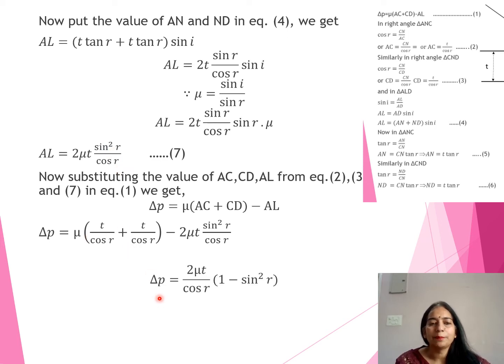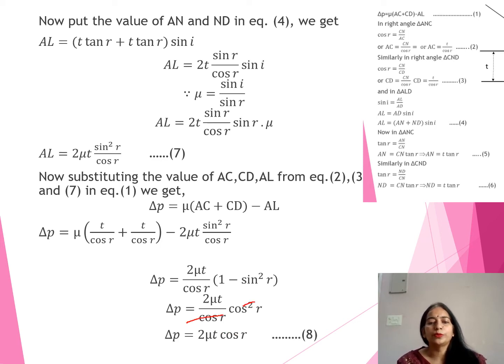So delta P is equal to 2 mu t upon cos r common, times 1 minus sin square r. 1 minus sin square r is known as cos square r, so one cos r can be cancelled. The path difference becomes 2 mu t cos r. This is the path difference between ray 1 and ray 2.